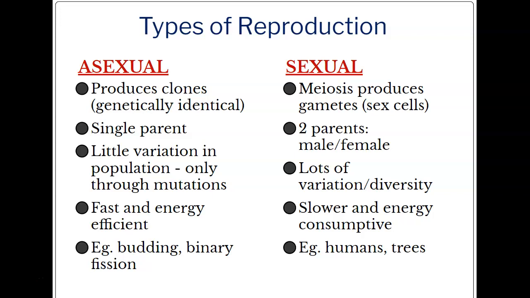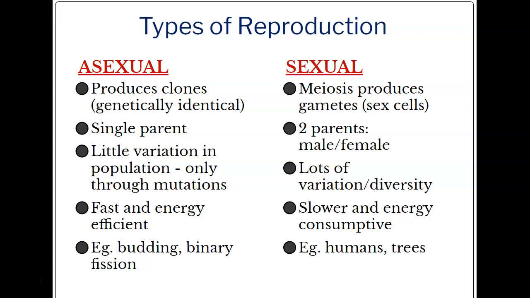Sexual reproduction, on the other hand, is meiosis, and that is where the organism produces gametes or sex cells. For us in humans, we have eggs and sperm. There has to be two parents, a male and a female, for sexual reproduction.